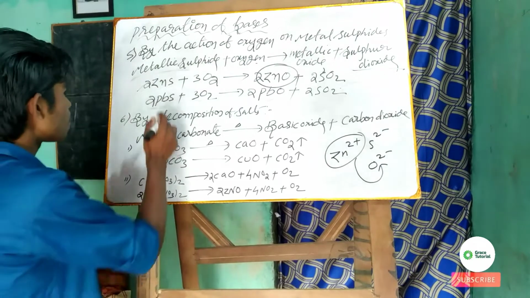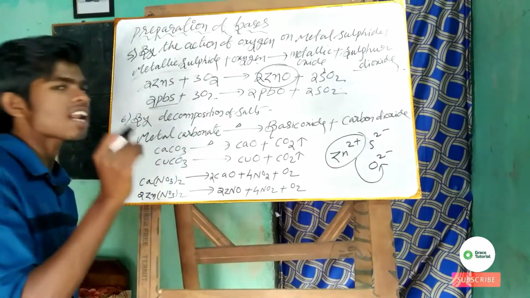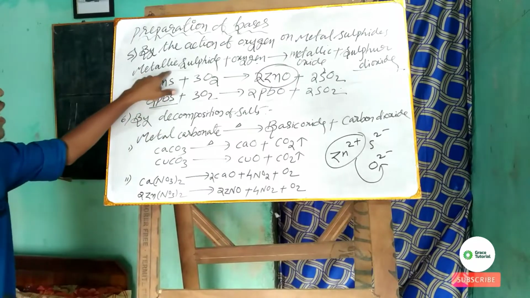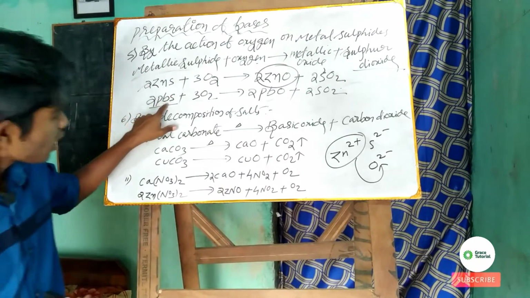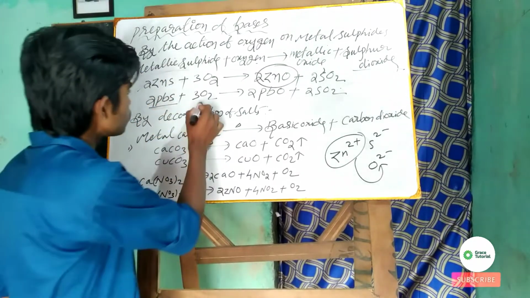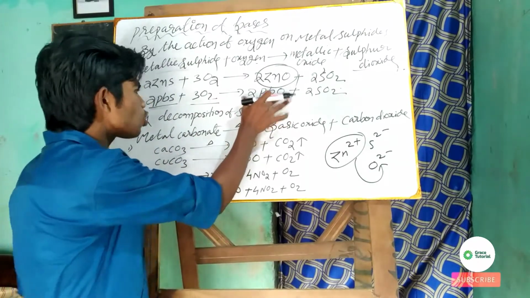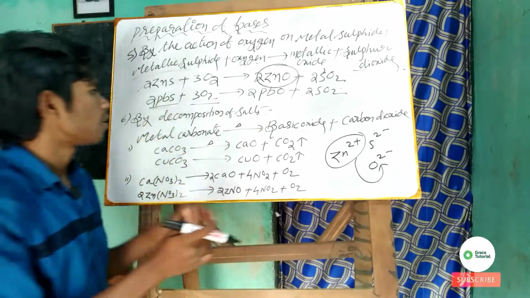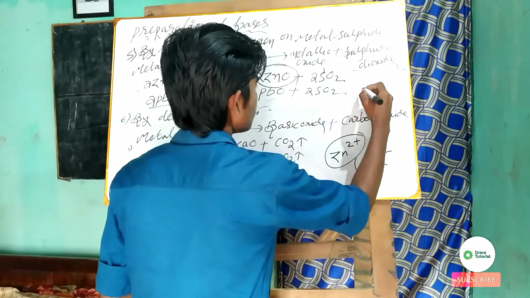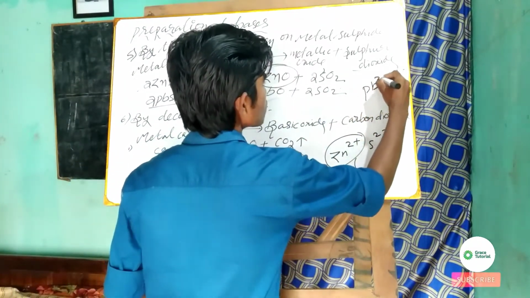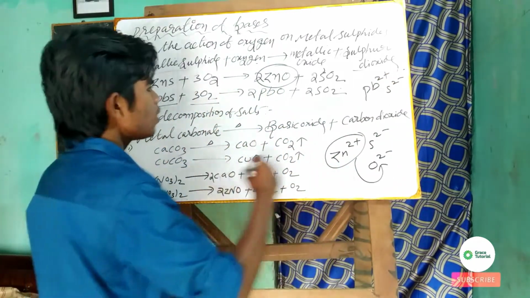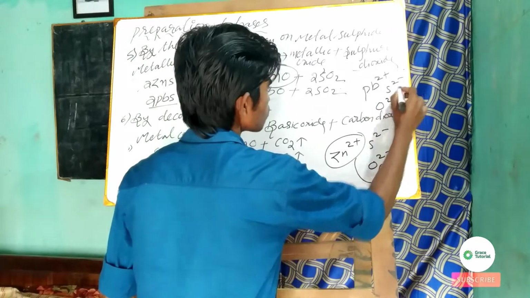Similarly, we have another example, lead sulfide, which is also a metallic sulfide. Whenever this lead sulfide reacts with oxygen, what happens? Lead oxide is obtained. Let us see how this lead oxide is obtained. Well, we have lead, that is Pb2+, and sulfide S2-, and whenever it reacts with O2-, what happens?